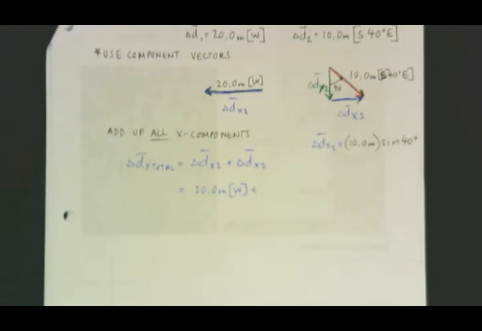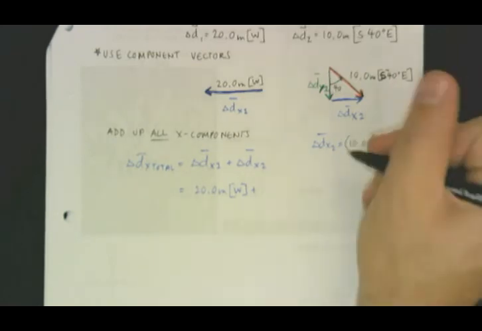So what I did was all of the steps that I've done in the previous example, but I did the rearranging right away. So it ends up being 10.0 meters, which is in our original question, times the sine of 40 degrees. If you punch that into your calculator, what do you get?